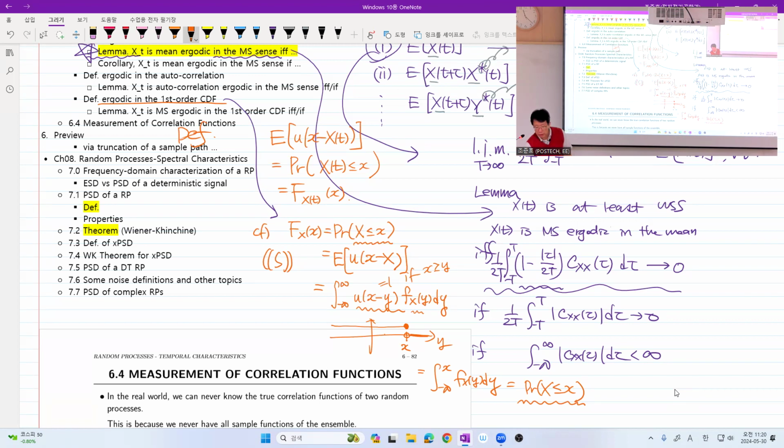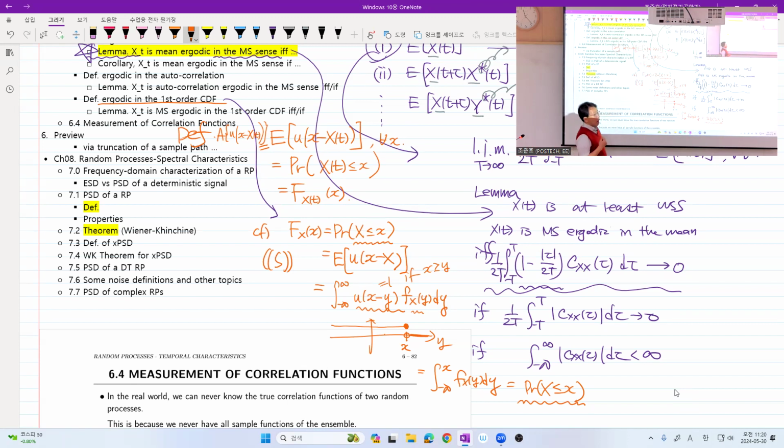X of t is ergodic in the first order CDF if the time average of U of x minus capital X of t equals this one, for all x, right? Because the left-hand side is not a single number, it is a function of x, and the right-hand side is a function of x. So if they are equal for every x, or for almost every x in the region of your interest, then you are done. So this is the definition.